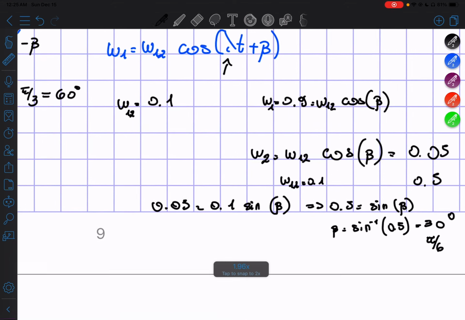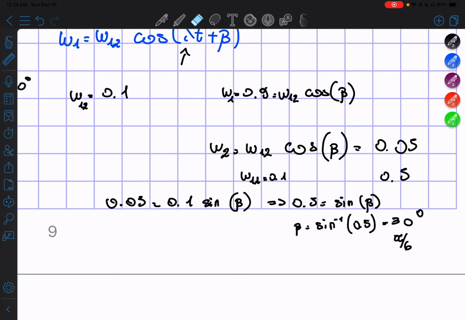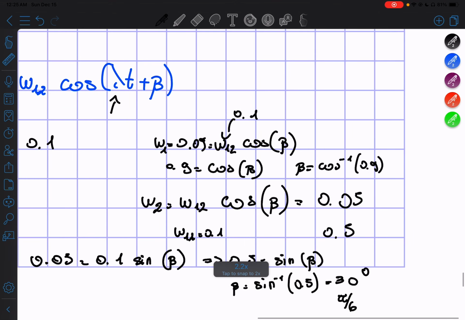Oh, I see what I did wrong over here. Let me just go back to clear any doubts. It's 0.09, the actual value that I had over here. So I ended up getting 0.9 on the left side times cosine of beta, by plugging in 0.1 for omega 1 2. Therefore, beta would be equal to cosine to the power of negative 1 of 0.9, which is still going to be pi over 6.